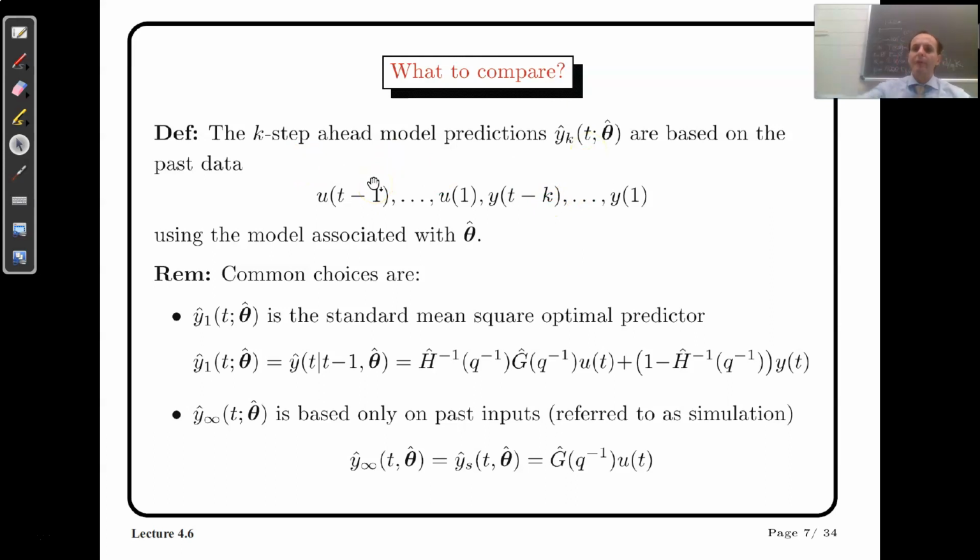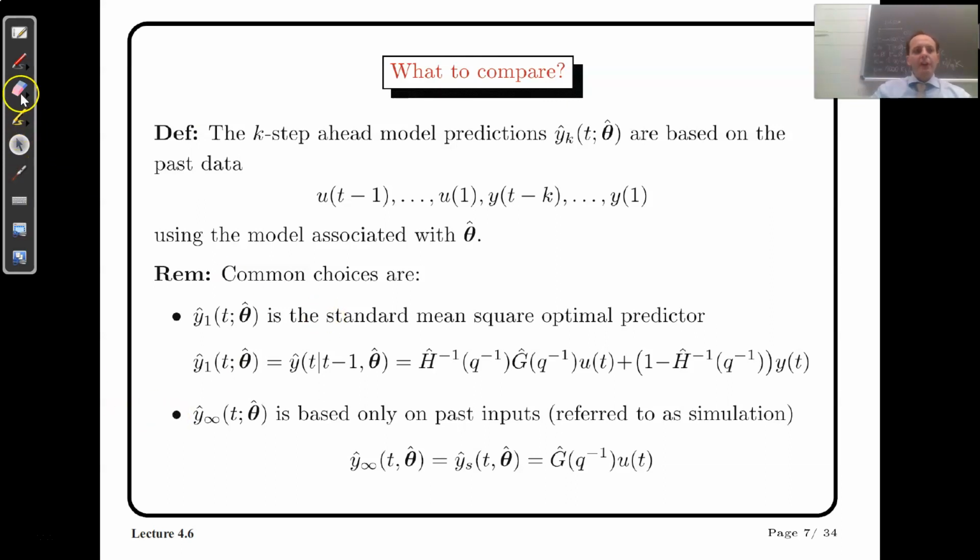So you are moving k steps ahead. And this is quite important, because if the model is good, you can go ahead, I don't know, some steps.